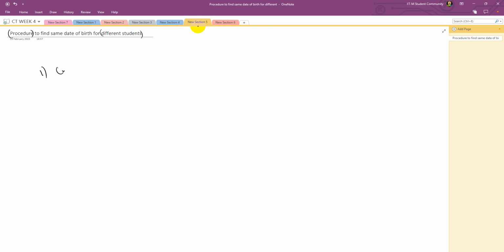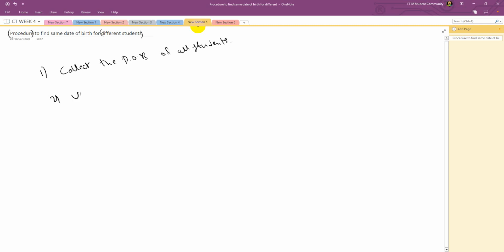This is the procedure that we are following in this course dataset. We collect the date of birth, the DOB of all students, from a data set.